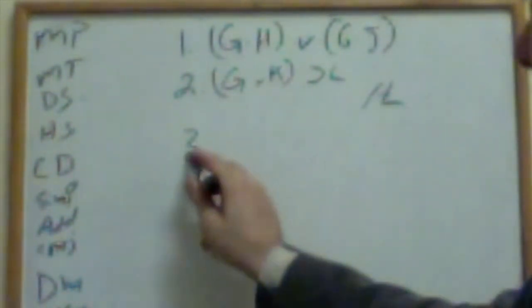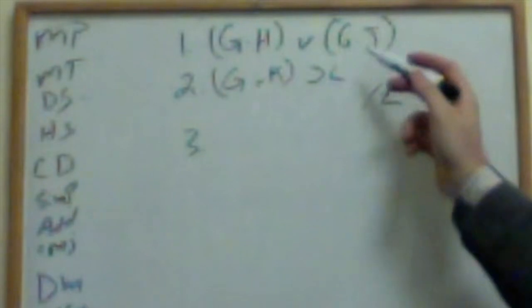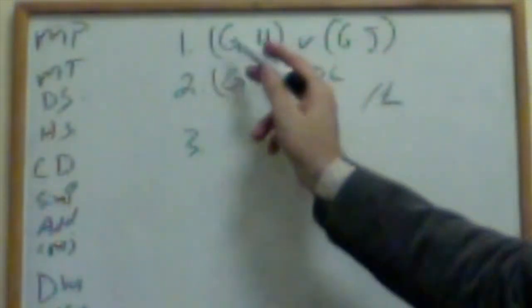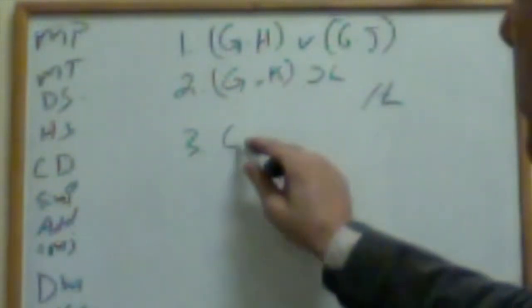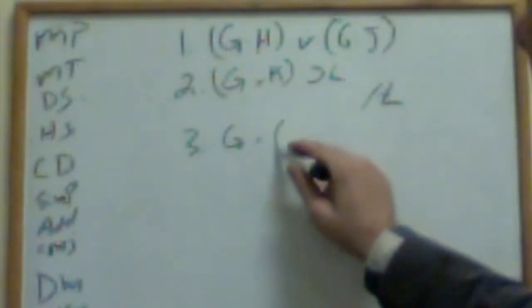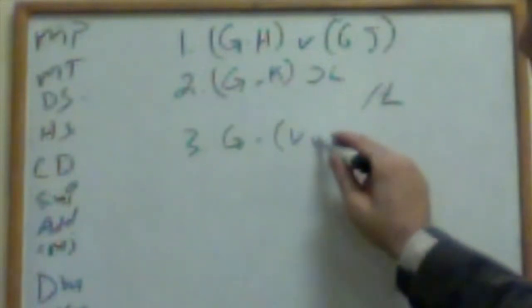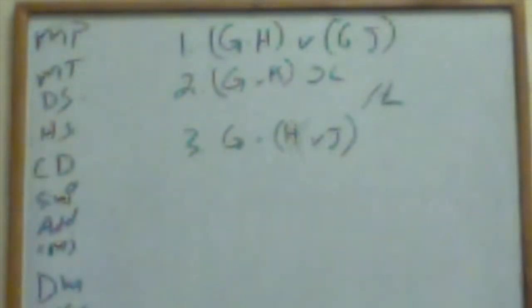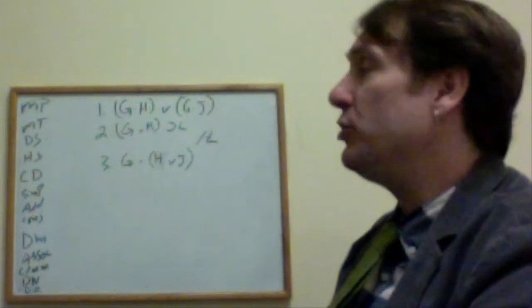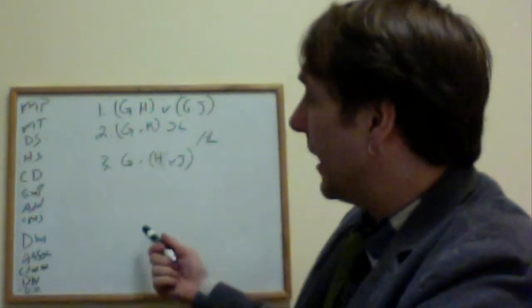Let's write line 3 here. Now remember, the distribution rule allows us to take out this G and dot it to the wedge of these two. So we can write G dot H wedge J. And we did that using the distribution rule, but going in the opposite direction.